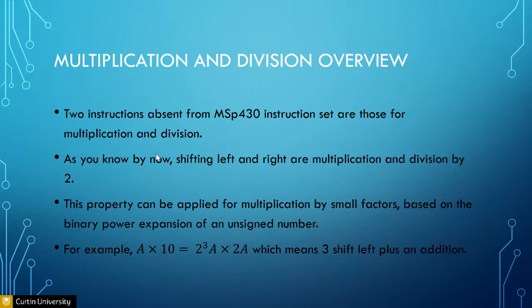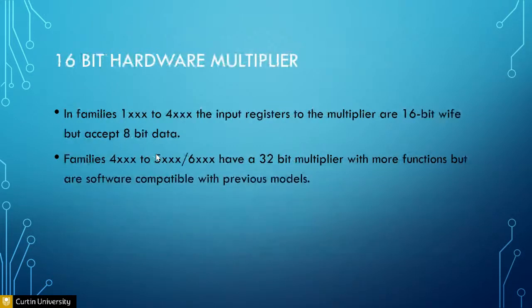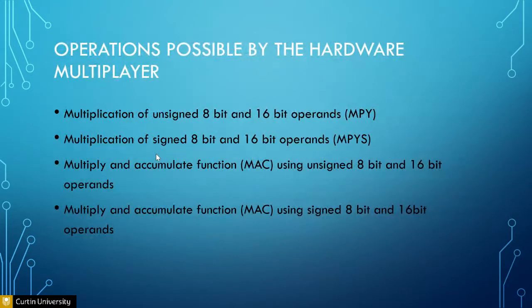It is a valid type of multiplication. Probably they wanted it to be convenient, which is why they changed this particular multiplication function. How it works is that you have different registers: MPY, MPYS, and MAC.